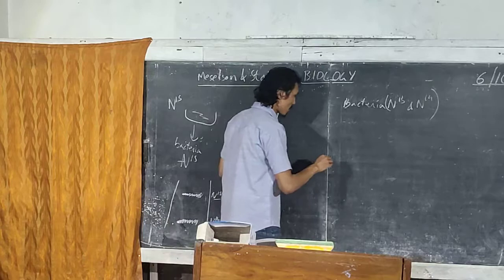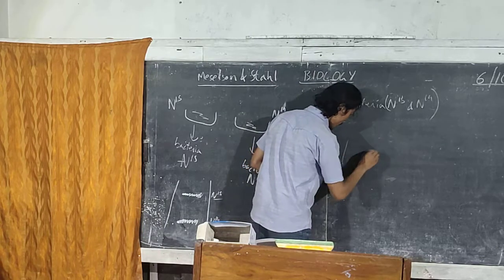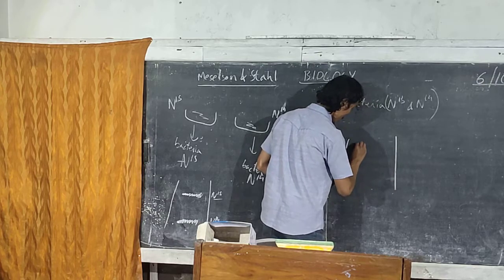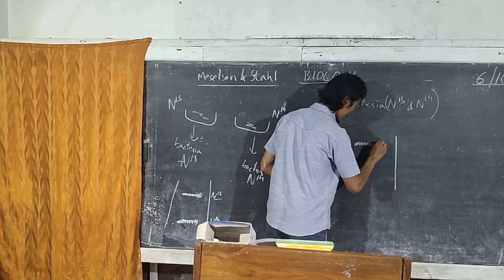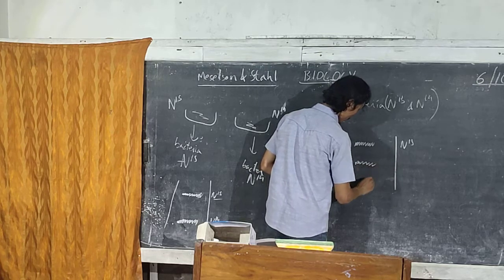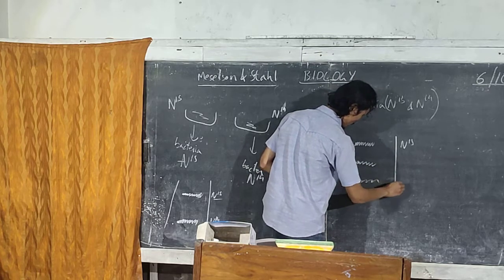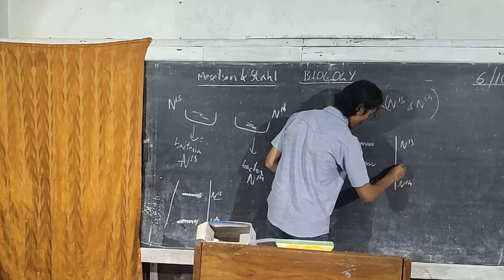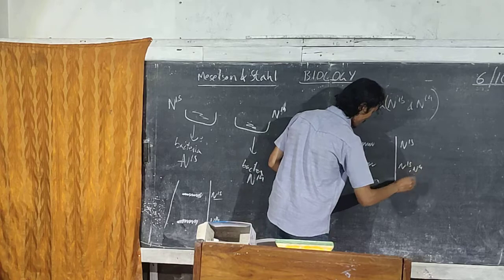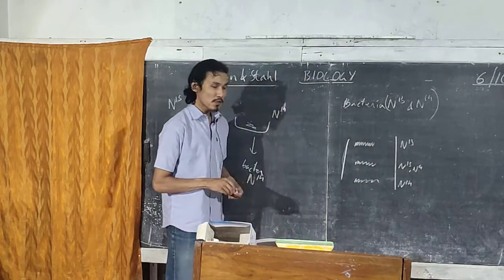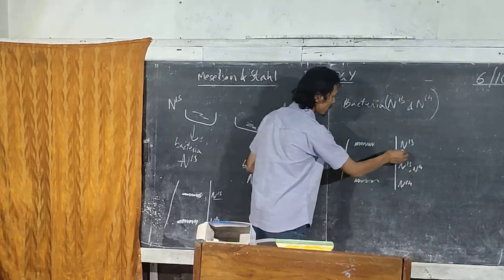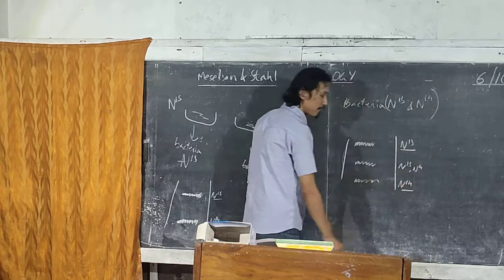Now, in this case, in the first generation, most of the DNA banded either in the N15 region or in the N14 region.